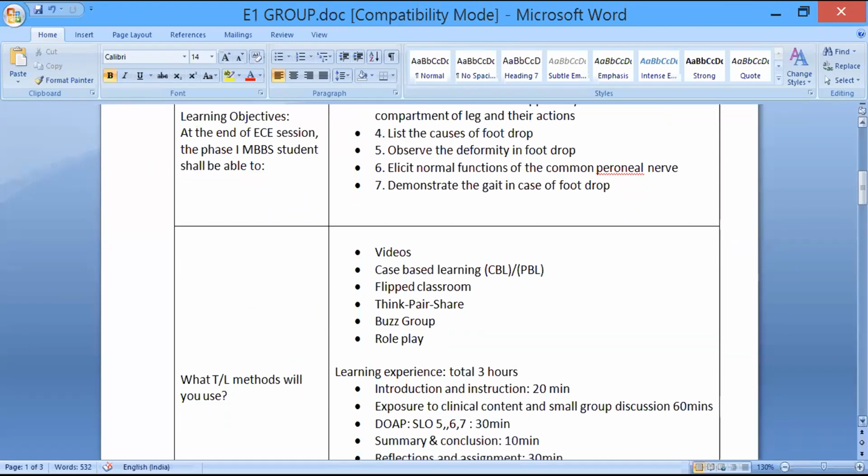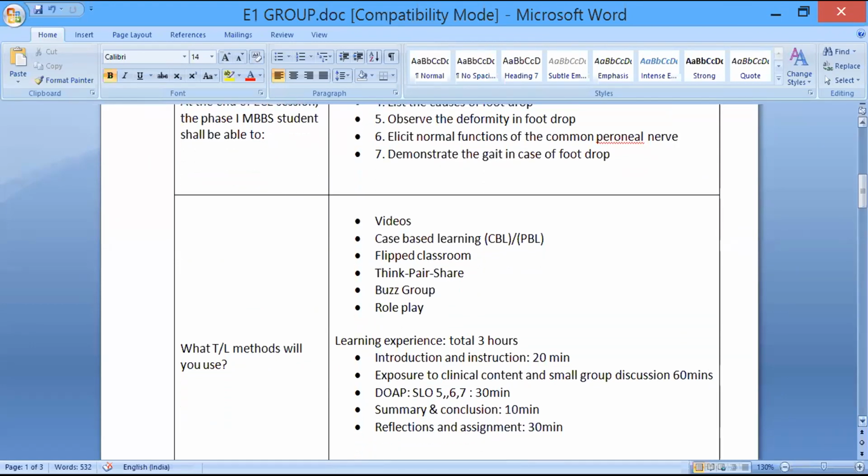The learning experience takes 3 hours: introduction and instruction 20 minutes, exposure to clinical content and small group discussion 60 minutes, DOAP session for SLO 5, 6, 7 for 30 minutes, summary and conclusion 10 minutes, reflections and assignment 30 minutes. So a total of 3 hours.